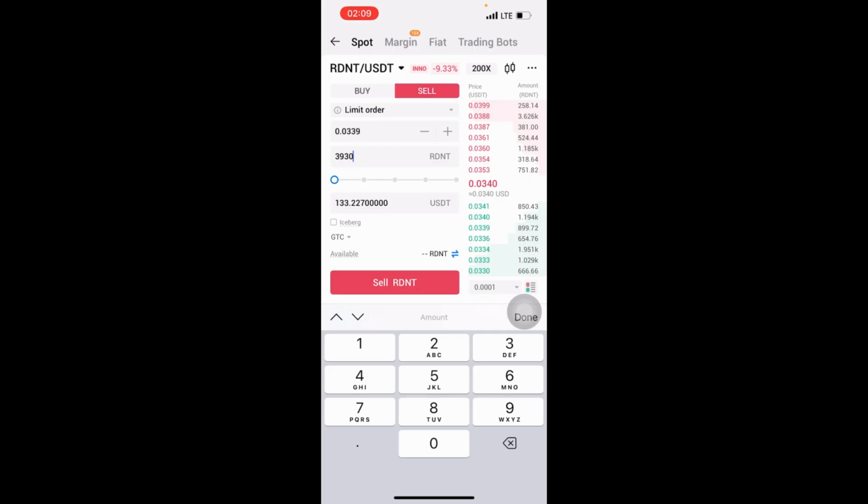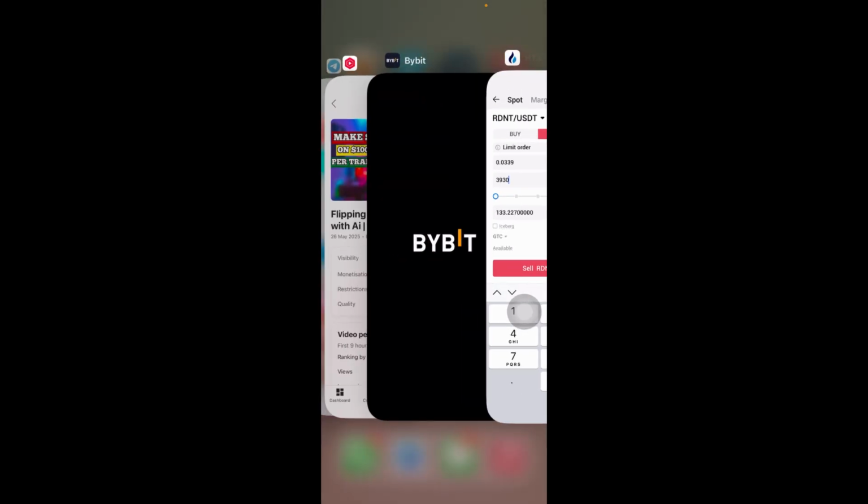Only if I have the strength to trade 20 times a day, I'm making more than $660 as profit. You see that? So these are ways to flip small coins to higher coins.